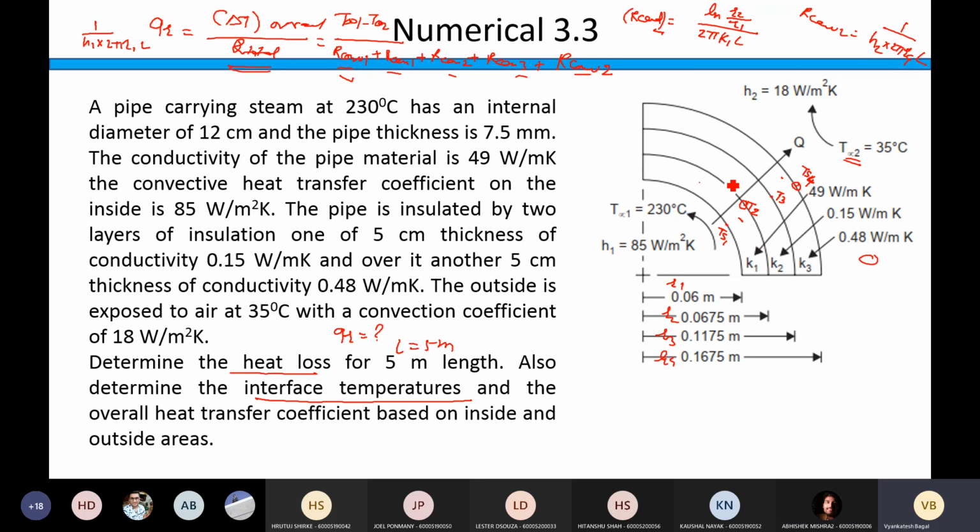Now tell me what is Q or QR in watt? Now tell me value of QR, I will write it here.